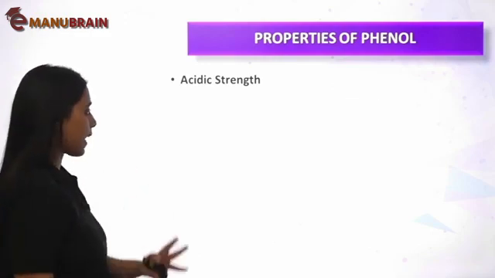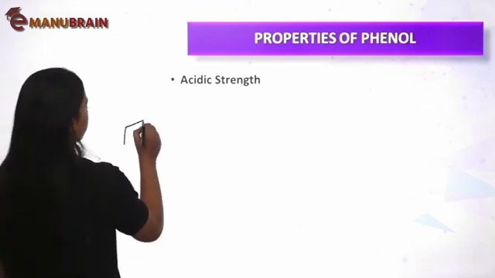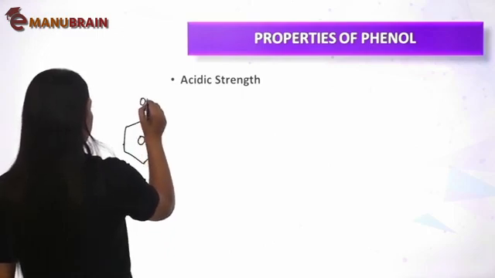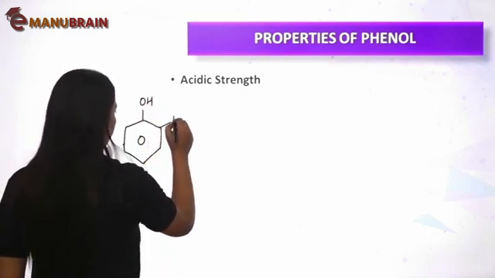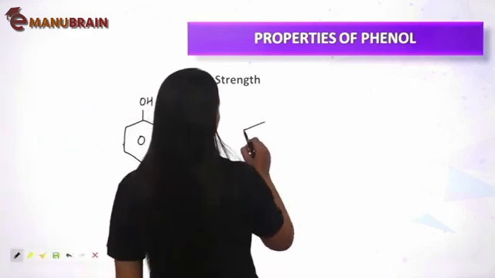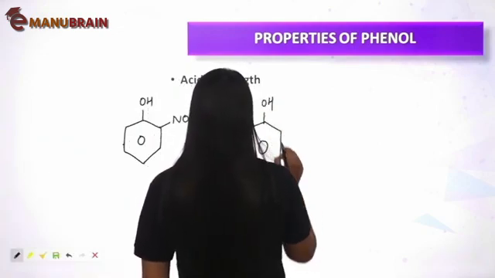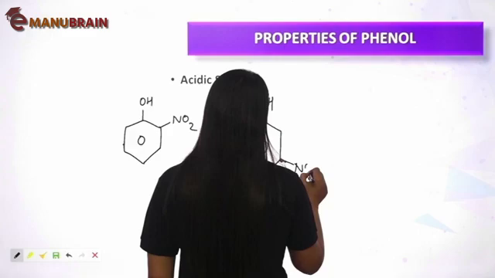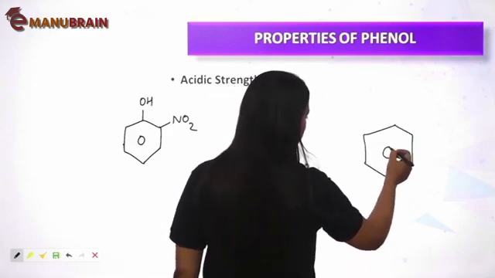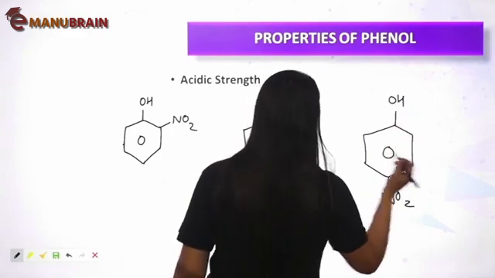So if we take three examples, like orthonitrophenol, metanitrophenol, and paranitrophenol, these three examples.